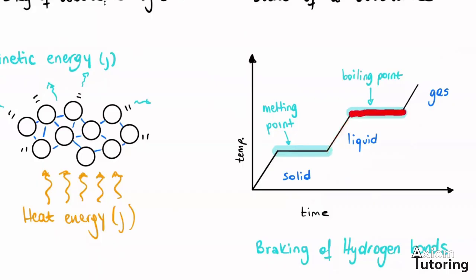The reason for these plateaus is that the energy that we're introducing into the water is no longer used to increase the kinetic energy of the water molecules, but is now used to break the bonds between the water molecules and allow the molecules to change their state from solid to liquid and then to gas.